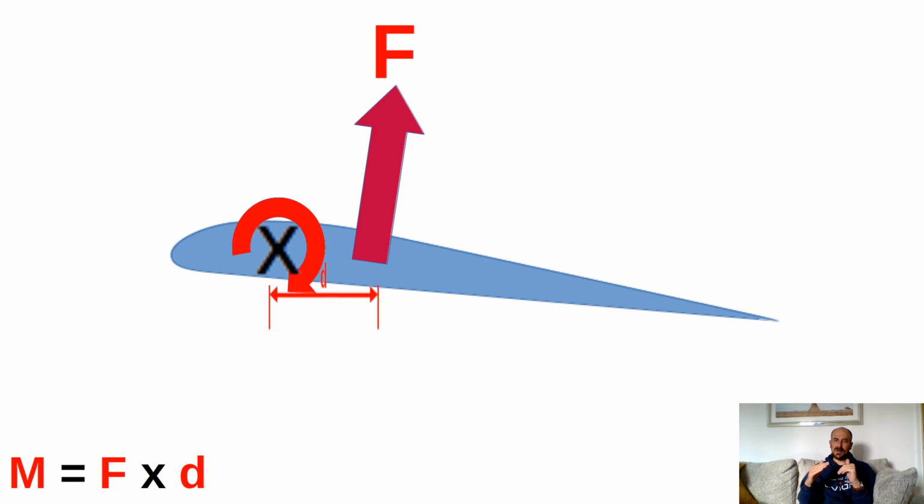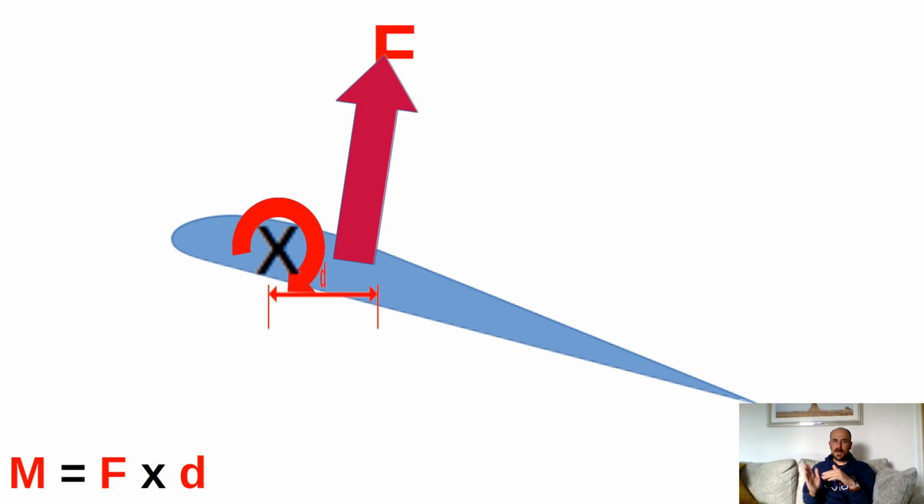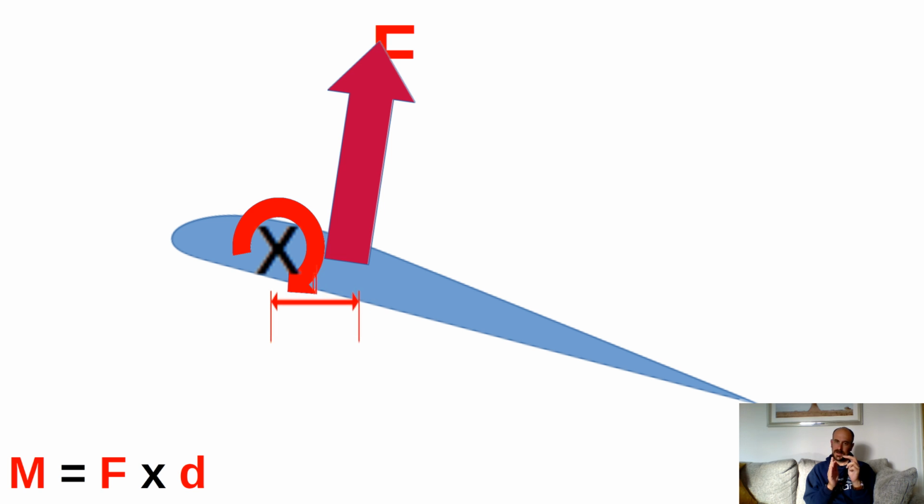Now if we imagine as we increase the angle of attack of the wing, the amount of lift you're creating gets bigger, but the centre of pressure moves forwards, so that means it's moving closer to this point that we've selected to measure our moments about, so the distance is getting smaller.